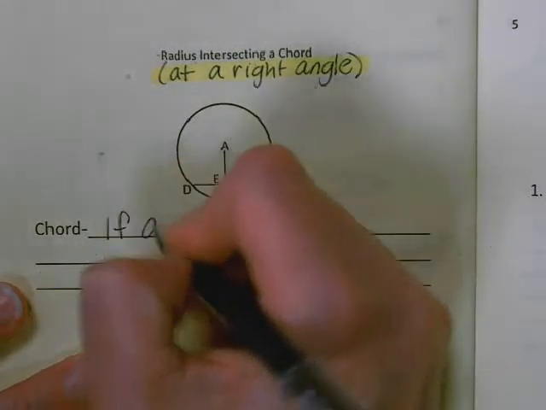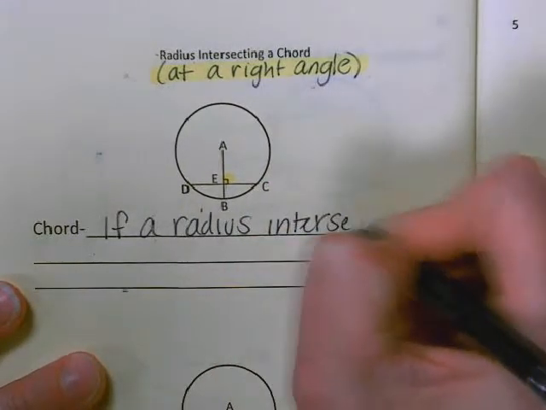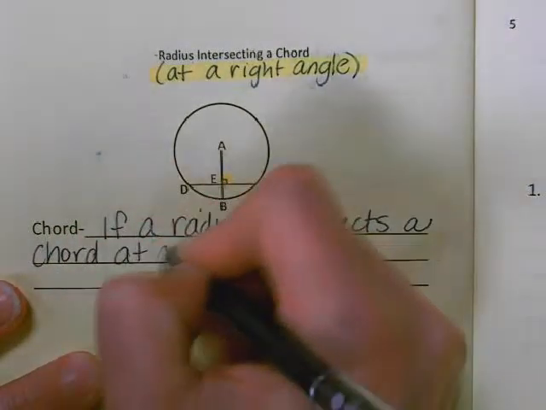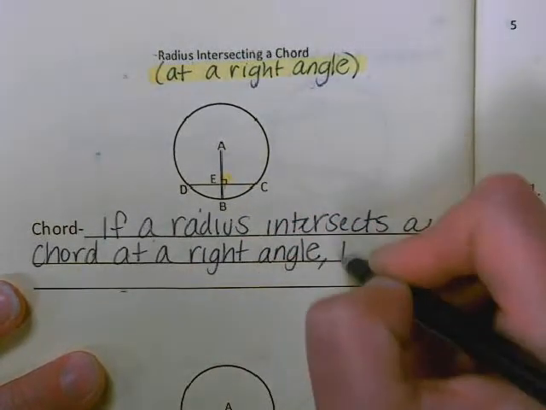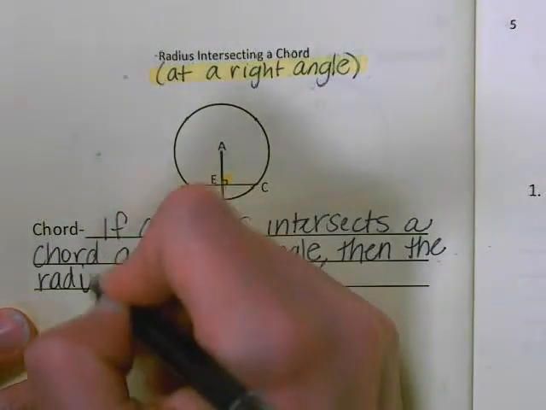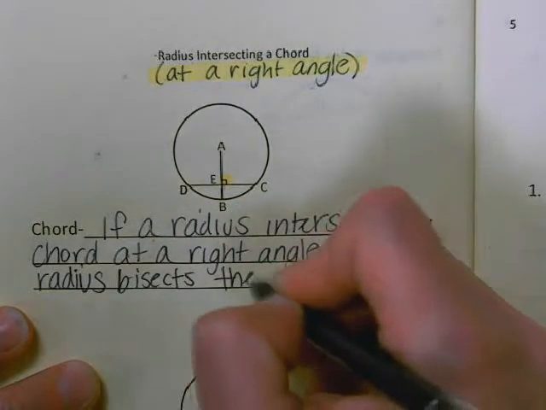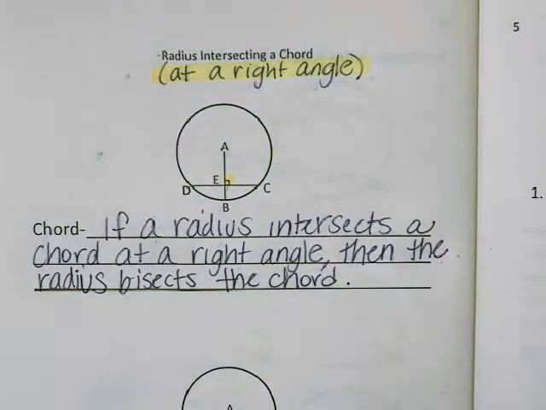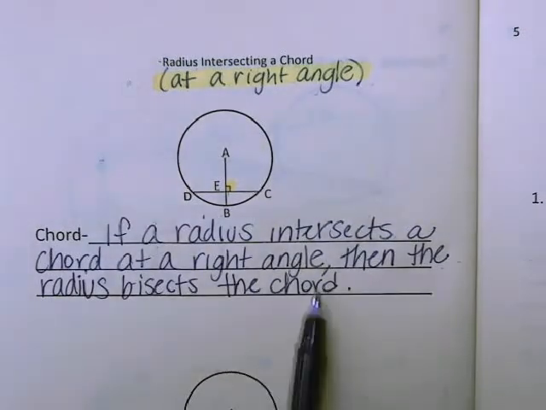So it's if a radius intersects the chord at a right angle, then the radius bisects the chord. If a radius intersects the chord at a right angle, then the radius bisects the chord.